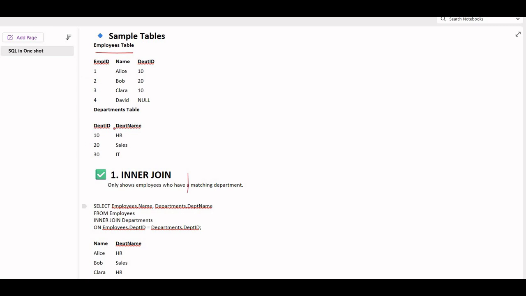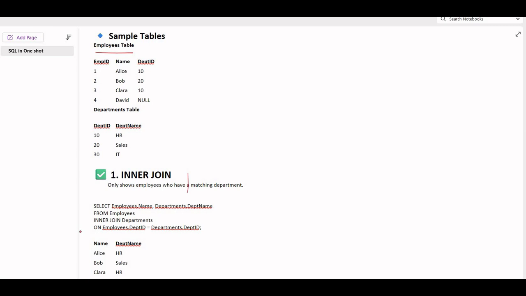So, select employee.name, department.name from employees inner join departments on, that is, select column name from table name 1 inner join table name 2 on a common column in both.